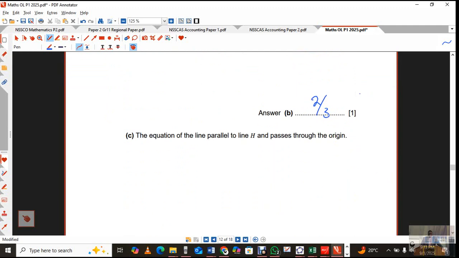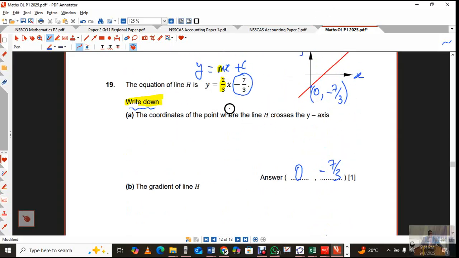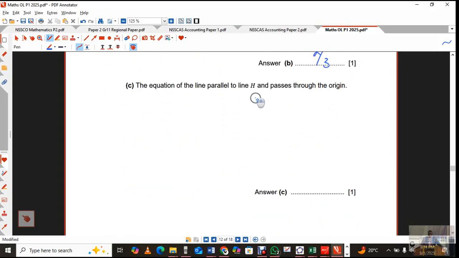Then they say the equation of the line that is parallel. Now, parallel lines. The equation of this line is y equals 2 over 3x minus 7 over 3. Here's the thing that you should know about parallel lines.